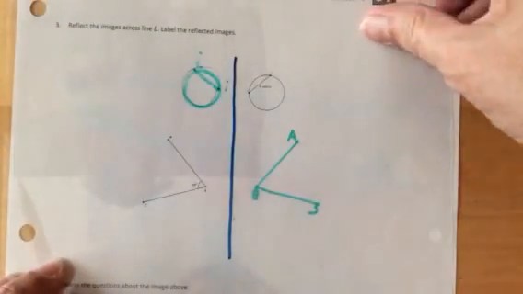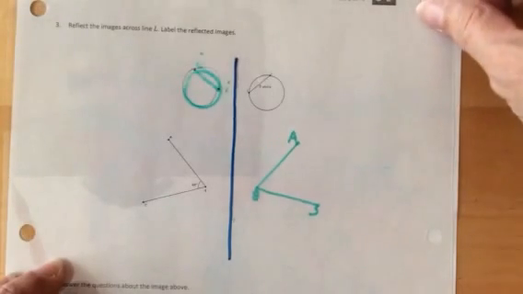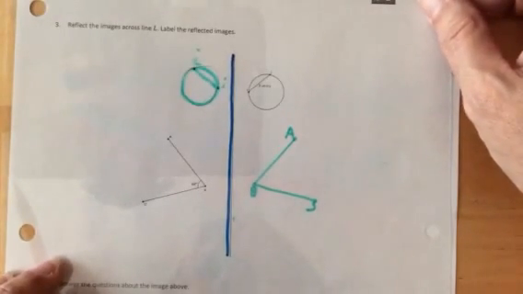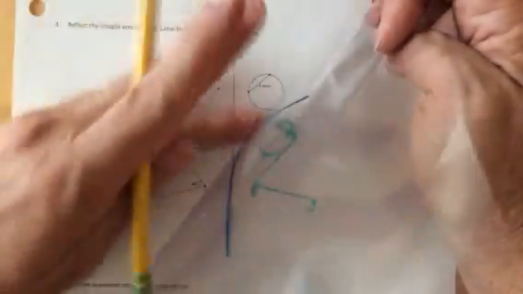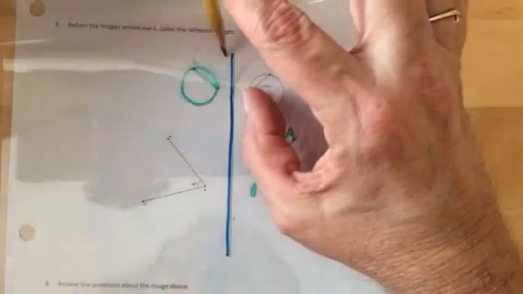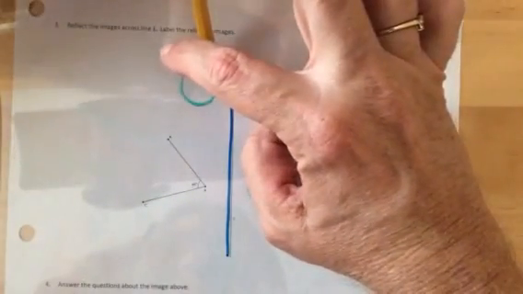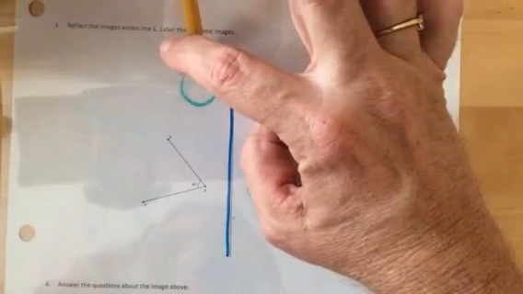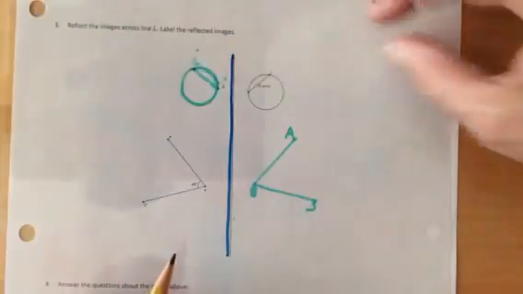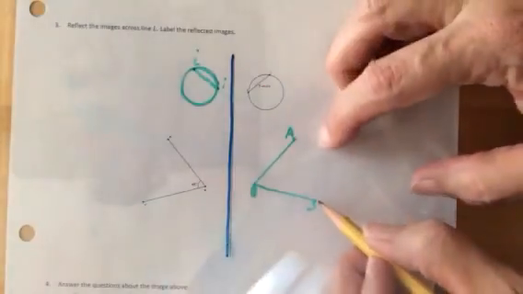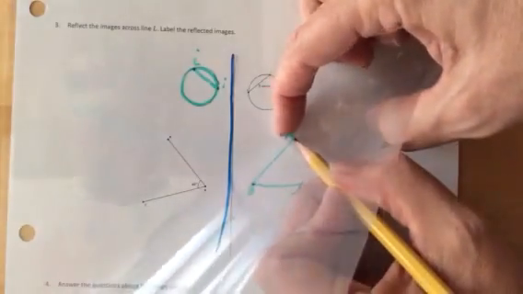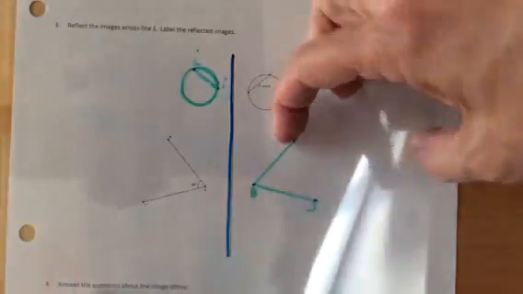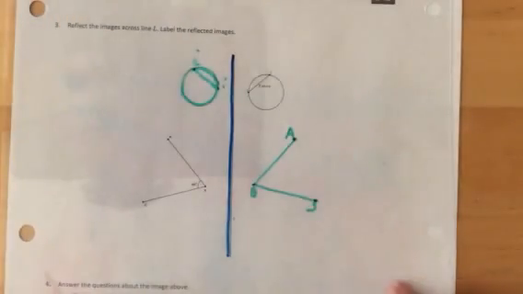Okay, and if this gets a little messy for you, it's okay. Let me erase this. Okay. And then my angle. I'm going to mark my points. That's the main thing I need to know where they are. They're there and there. Helps if you just hold the transparency tight to the paper. I think I got those pretty good.